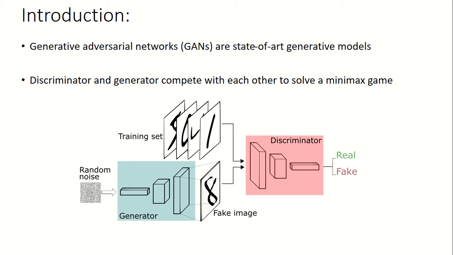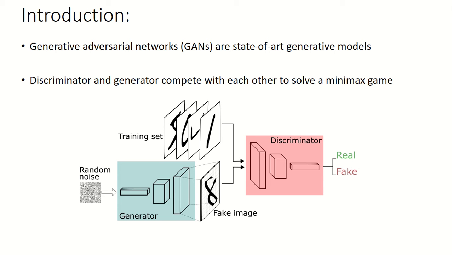So generative adversarial neural networks, or GANs, at the moment are state-of-the-art generative models. In general, in a GAN, discriminator and generator compete with each other to solve a min-max game. As we can see from this figure, this network consists of two parts, a generator and a discriminator.